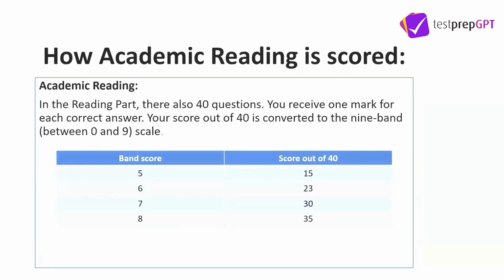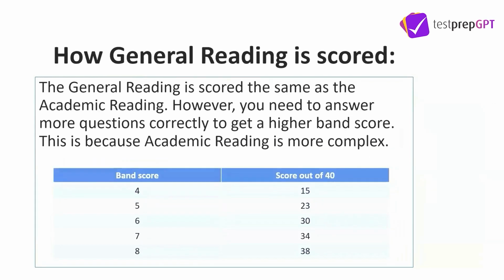So if you look at the scale here in academic reading, you have 40 questions. So for example, if you answer 35 questions correct out of 40, you're in band score 8. If you answer only 15 correctly, you're in band score 5, 23 band score 6, and 30 band score 7.